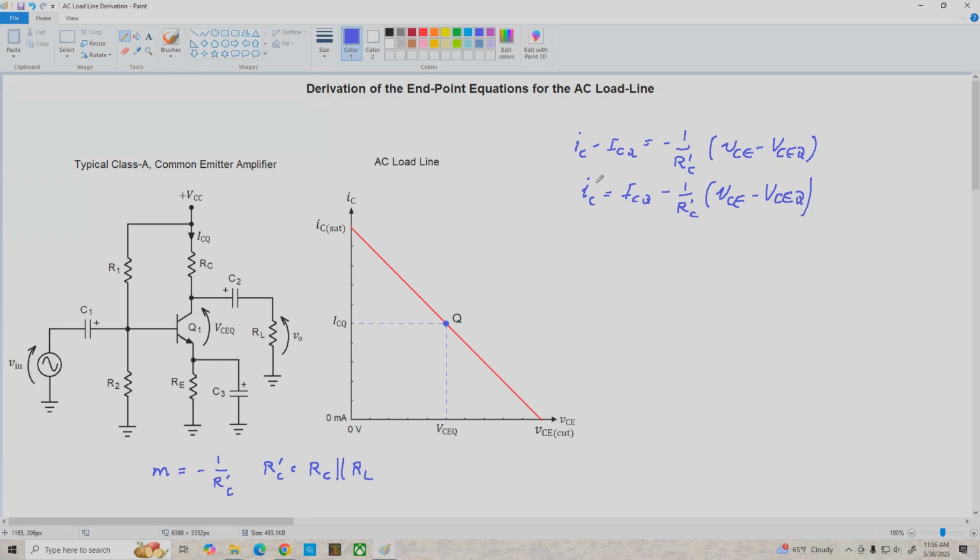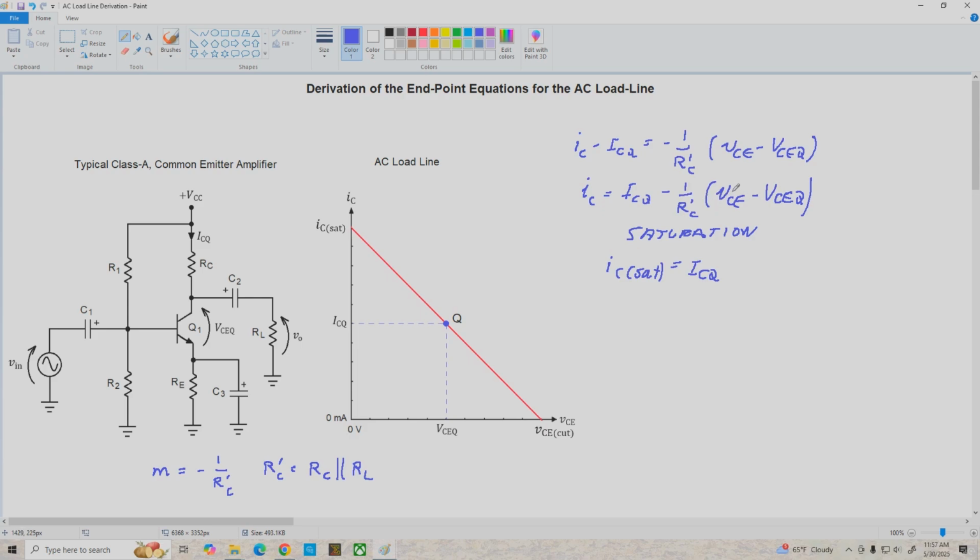What we'll do next is look at this equation and see what happens when we're in saturation. So in saturation, the Q point's moved all the way over here, and VCE equals 0, IC equals IC sat. All right, so we've got IC sat equals ICQ minus 1 over R prime C times 0 minus VCEQ.